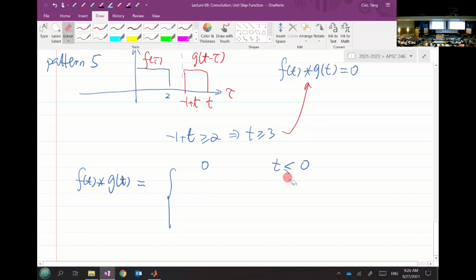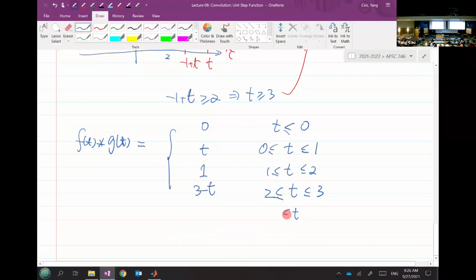That's fine. The second value is t when t is greater than 0 and less than 1. And then 1 when t is between 1 and 2, 3 minus t when t is between 2 and 3. Finally, we get 0 again when t is more than 3.